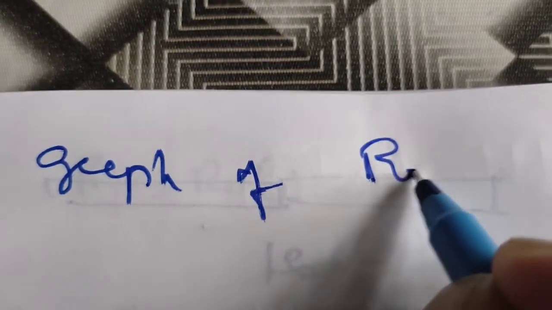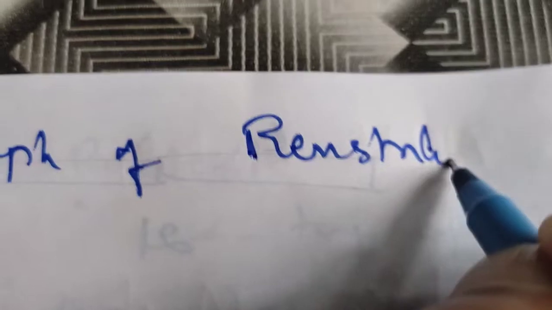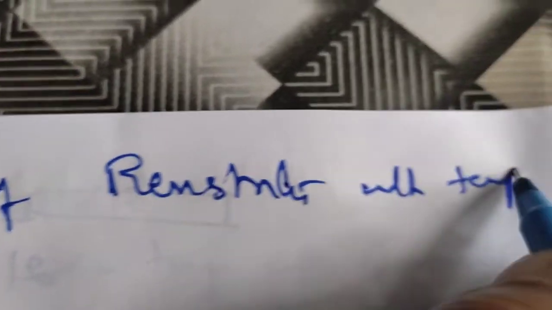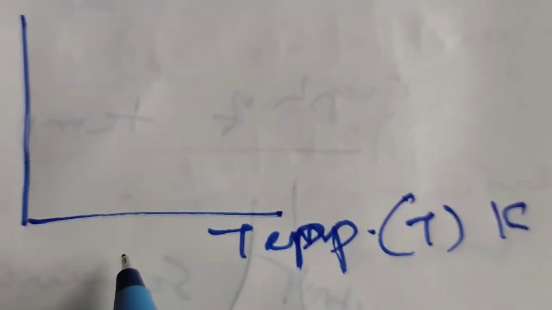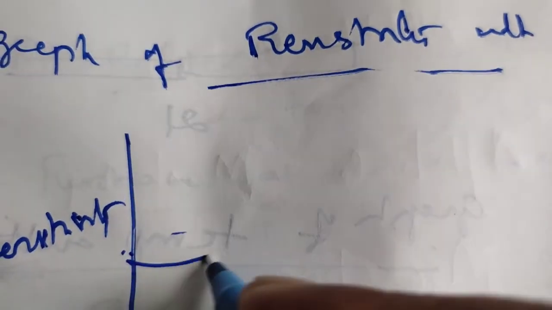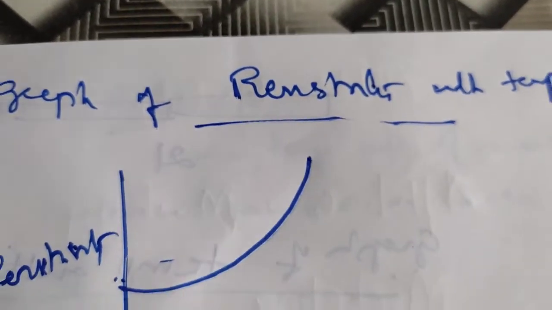Graph of resistivity with temperature. This axis is the temperature T in Kelvin, and this is the resistivity. Then the graph will be like this for copper.